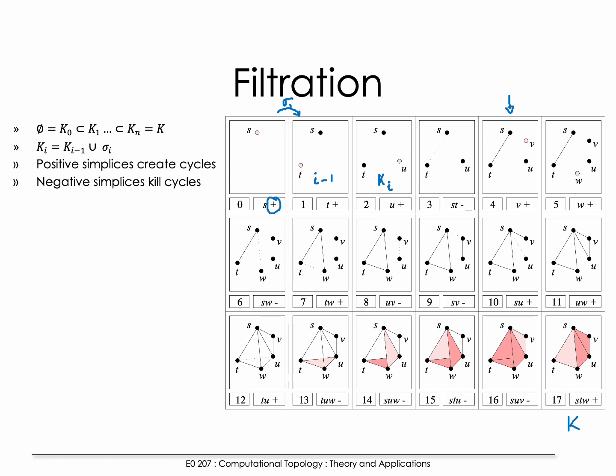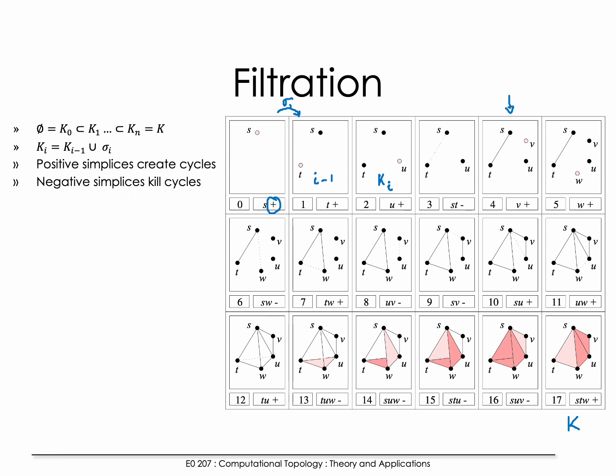So in this case, the Betti 0 reduces to 3. So hence the edge ST is called a negative simplex. So ST has a minus sign associated with it.